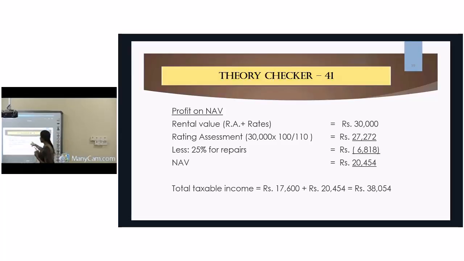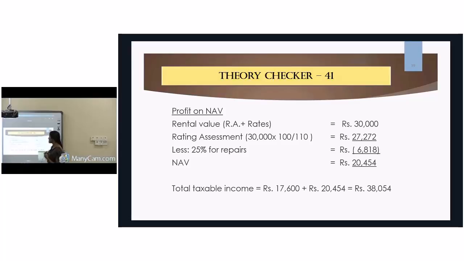They have given that the rates are 10%. So this 30,000 includes these rates, you have to divide it by 110 and multiply by 100 in order to get the rating assessment. The rating assessment is 27,272. From that you have to deduct the 25% for repair.